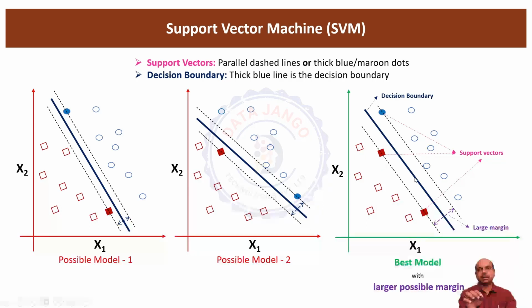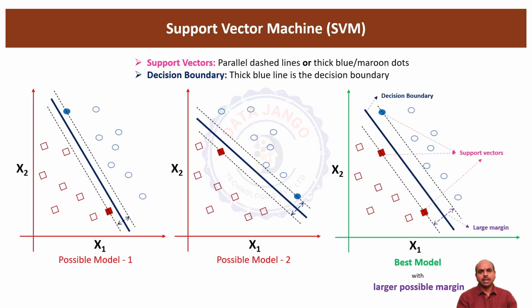So the support vector machine algorithm will choose these data points as support vectors rather than these two. So these three are the possible models that the support vector machine can build, but ultimately the SVM algorithm will come out with this kind of setup because the margin is large. So that's why support vector machine is always called a large margin classifier. It always tries to choose the support vectors in such a way that the margin is going to be large.